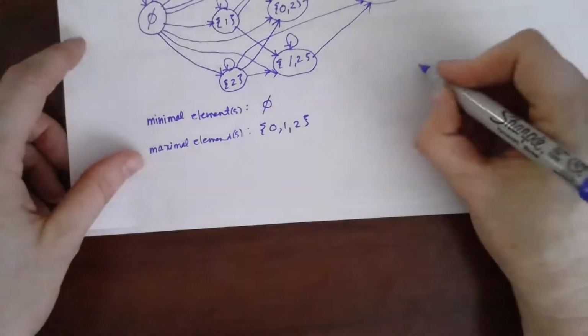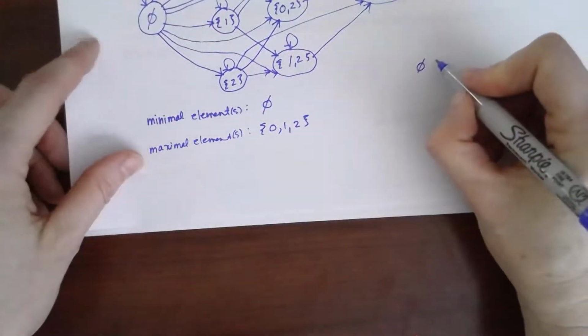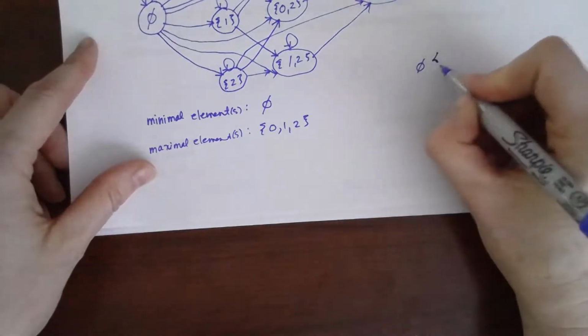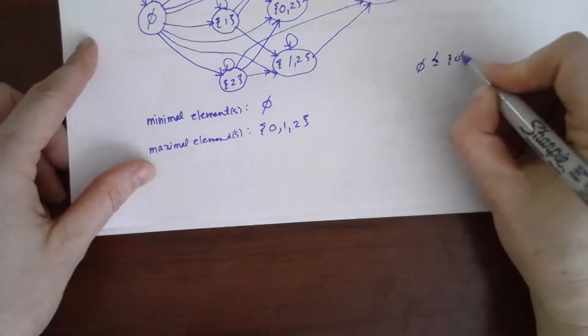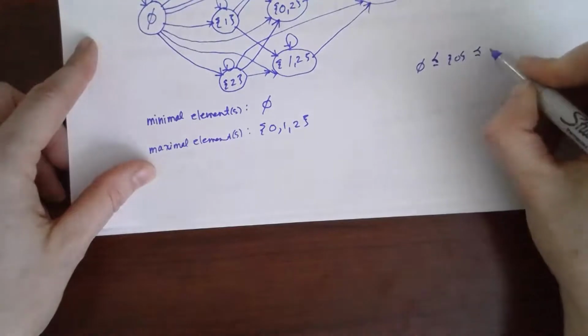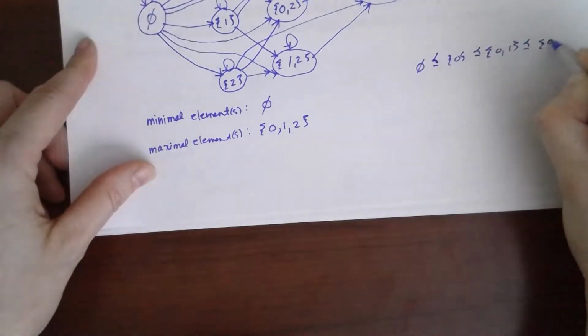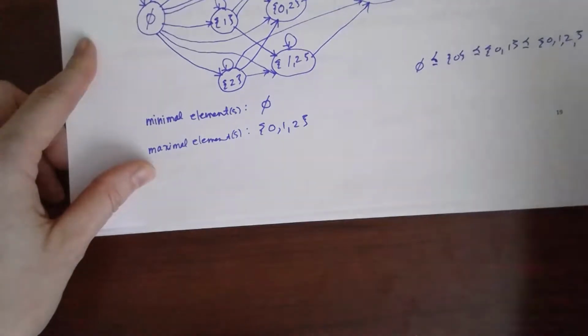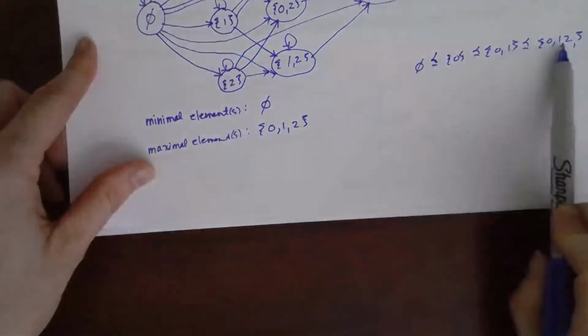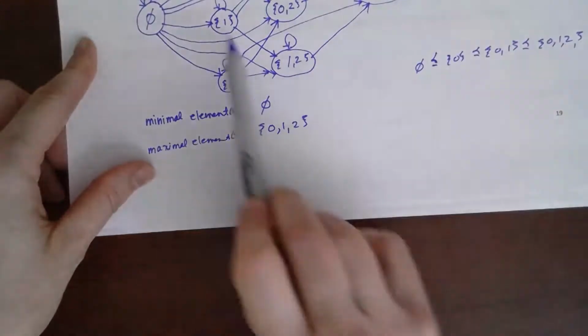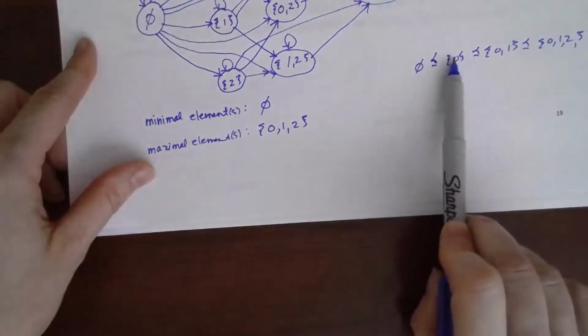The empty set is comparable to 0, and comparable to 0, 1, comparable to 0, 1, 2, but I can't put this one in that path anywhere because 1 isn't comparable to this one.